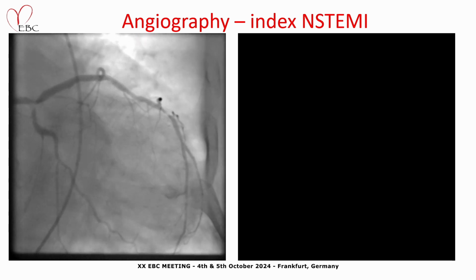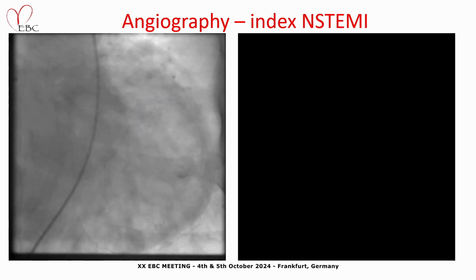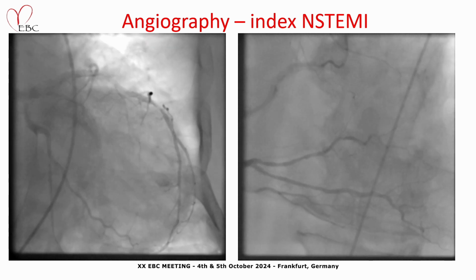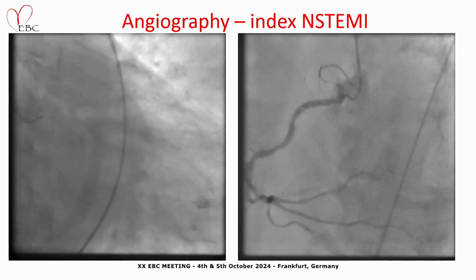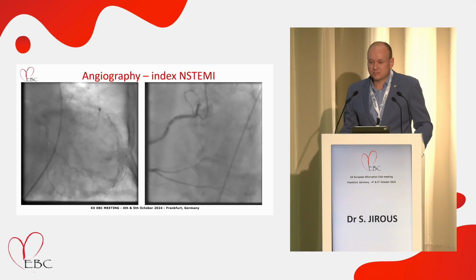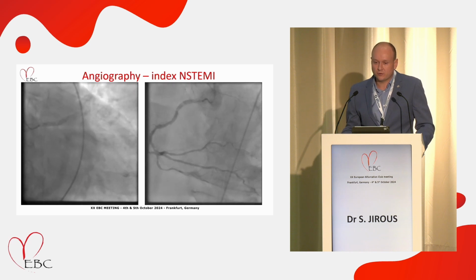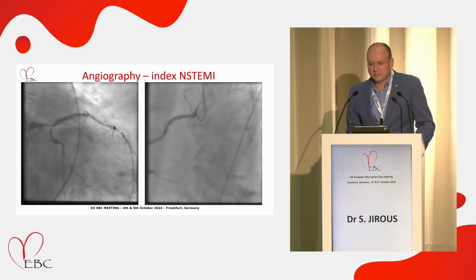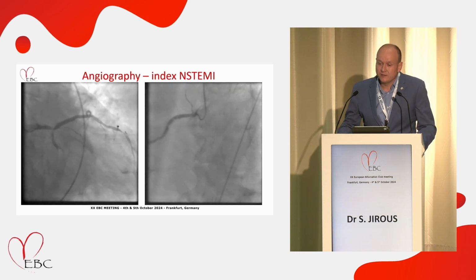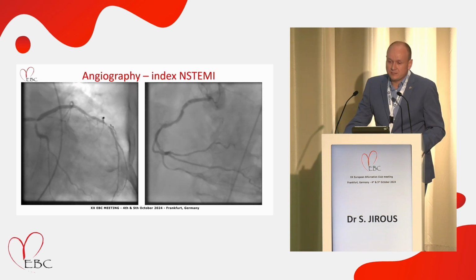There is a severe calcified in-stent restenosis after provisional stenting in the left main bifurcation and new lesions in the proximal, middle, and distal right coronary artery. We discussed it in our team, and we decided again to do PCI, and again with Impella-CP support.